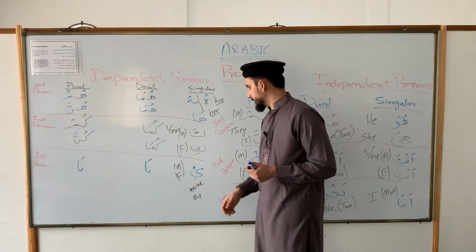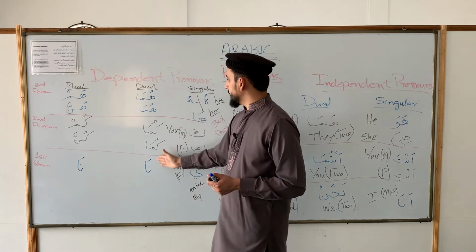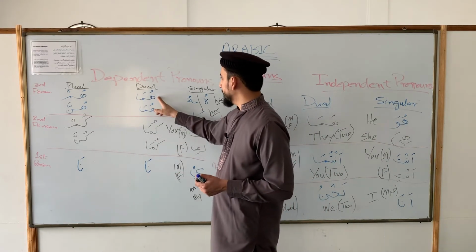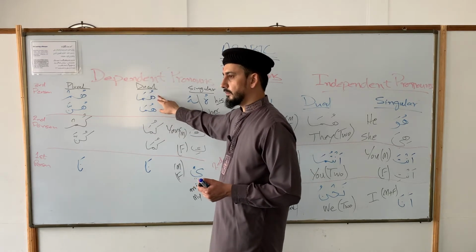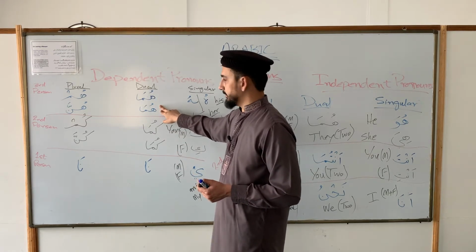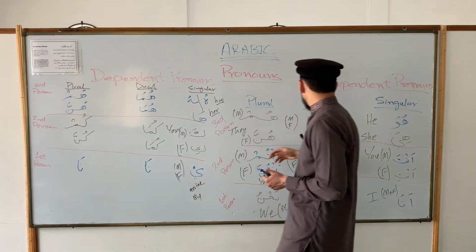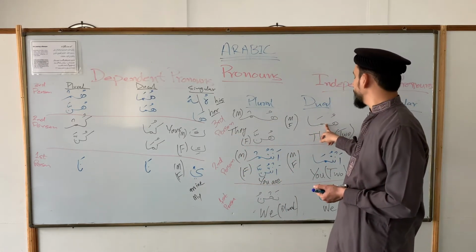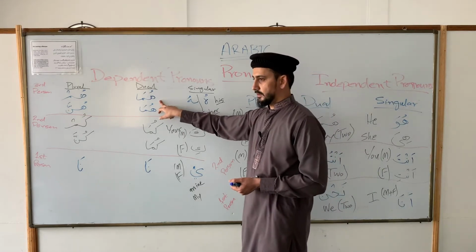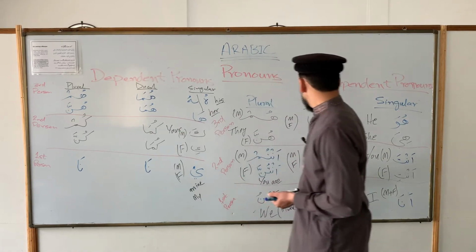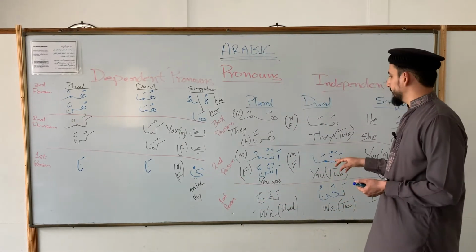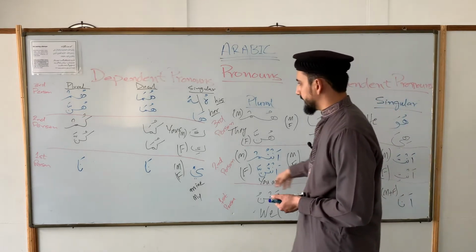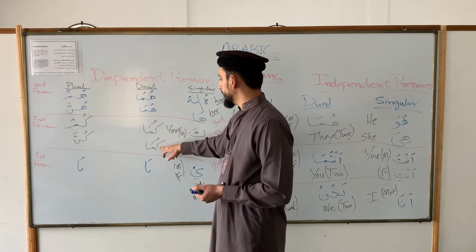That is the concept. Now coming to the dual, again in dual, masculine and feminine is the same thing. I wrote it twice. Here I just wrote it once. And you would notice it's the same thing. Huma, and here is huma, right? Both dependent and independent. But this one is different. Kuma means yours.